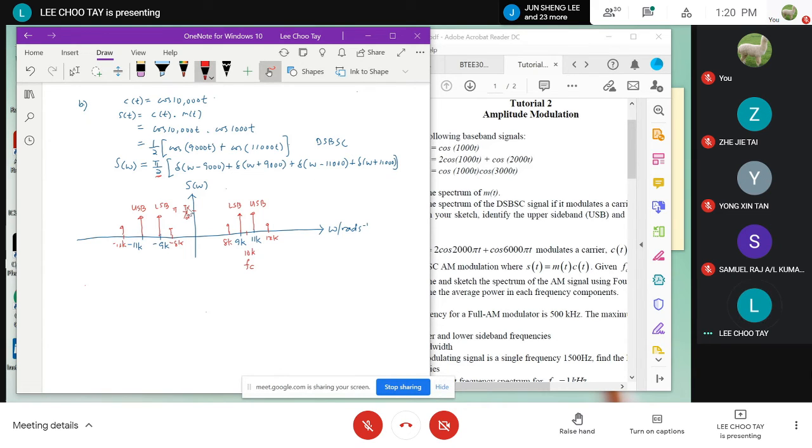So when this is pi, that means this is pi over 2. Correct, because we have 2 here. This one is 2, so we end up with pi. Then this is 1, so that will be pi over 2 for the 8K and 12K.